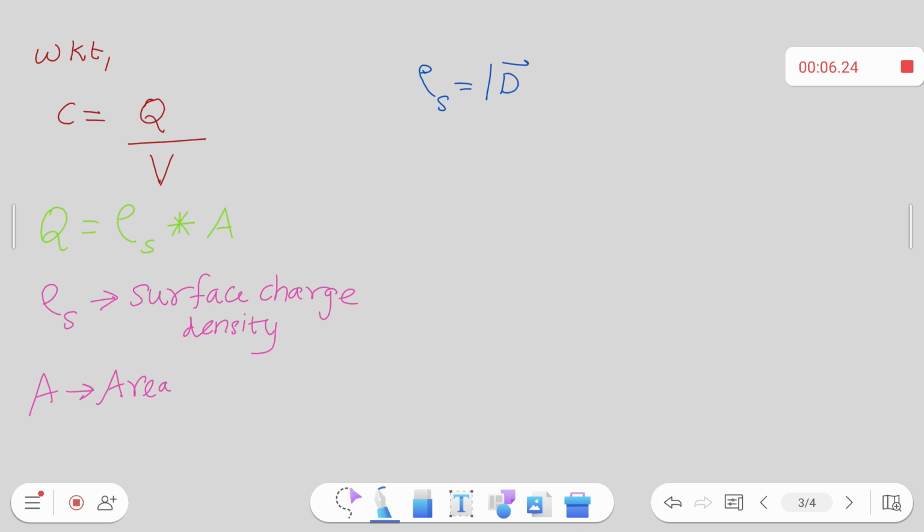Now, my surface charge density rho S is nothing but the magnitude of my flux density D. So my rho S will be epsilon V0 by d. Taking the magnitude, it is epsilon V0 by d. And A is nothing but the total area of the capacitor.